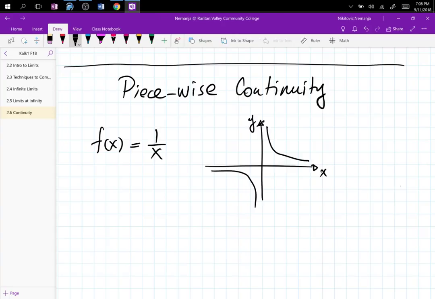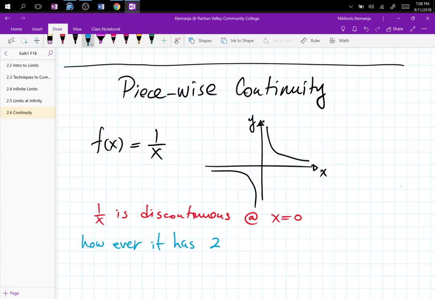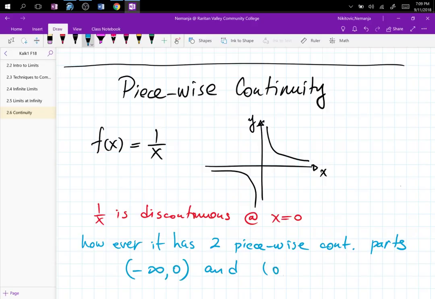Discontinuous. There's a hole there at 0. So 1 over x is discontinuous at x equals 0. However, it has 2 piecewise continuous parts. Negative infinity to 0 and 0 to infinity.